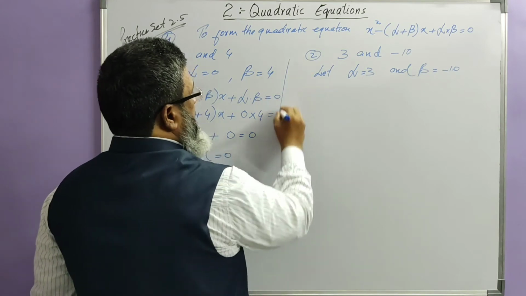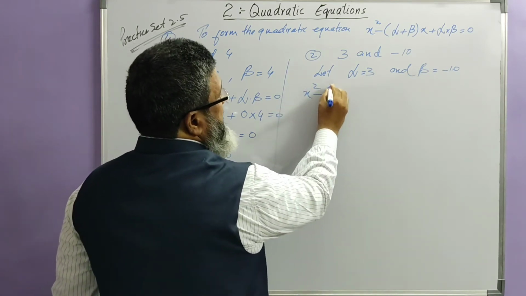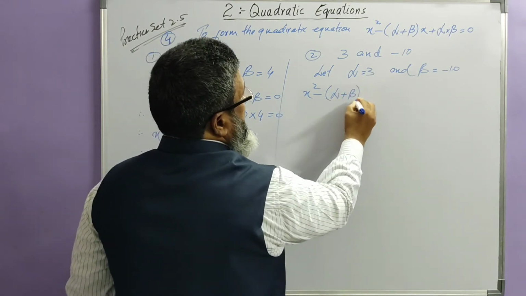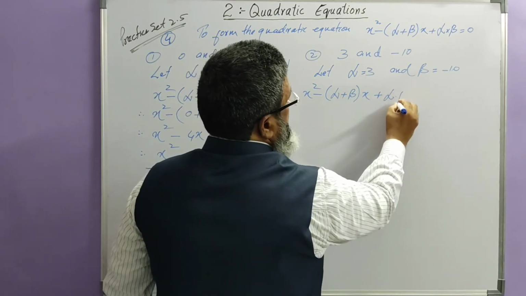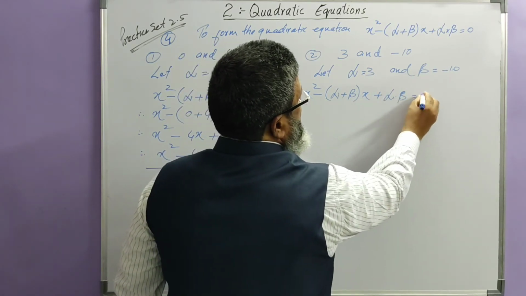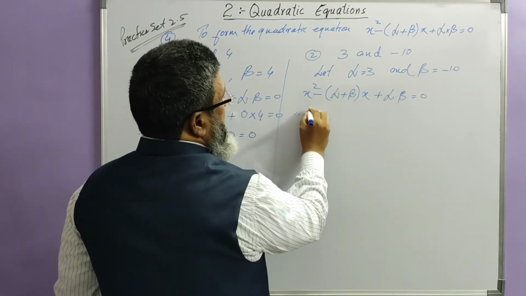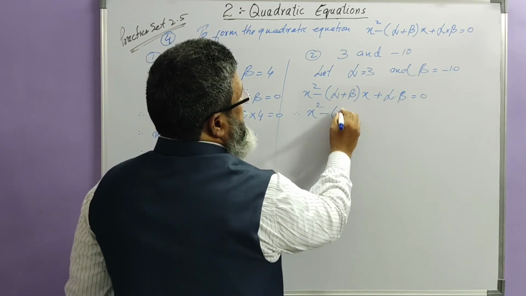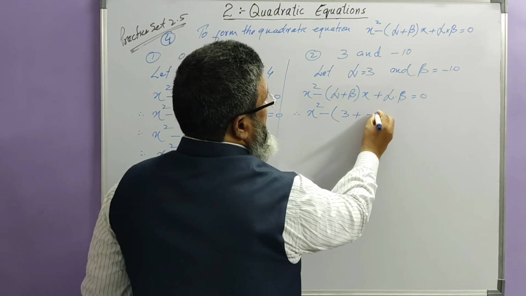Write the formula: x square minus (alpha plus beta) x plus alpha into beta is equal to 0. Therefore put the values. x square minus (alpha is 3 plus beta is minus 10).